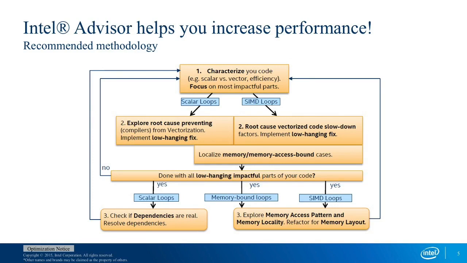And on the other side, if it vectorizes, then you should look for the low-hanging fruit as well. And if you haven't done it, go to the beginning again, or then comes the deeper analysis that you look for the dependencies in the scalar loop, or for the vectorized loop, you look if it's probably memory-bound loops. Then you have to address something with the memory.